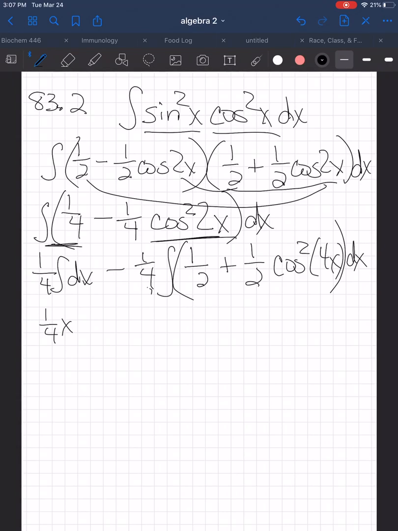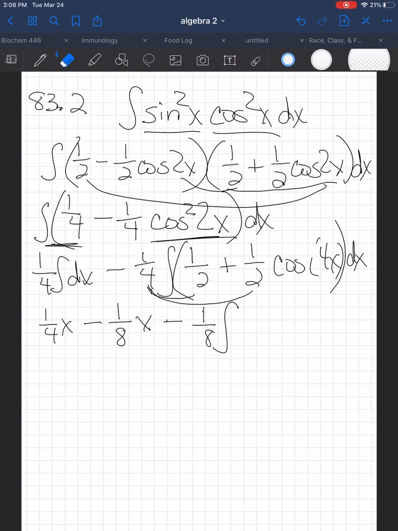And then this is 1/4 times 1/2, so that'll be minus 1/8 x. Minus 1/4 times positive 1/2 would be minus 1/8 times the integral of, oh, that's not cosine squared, sorry guys.